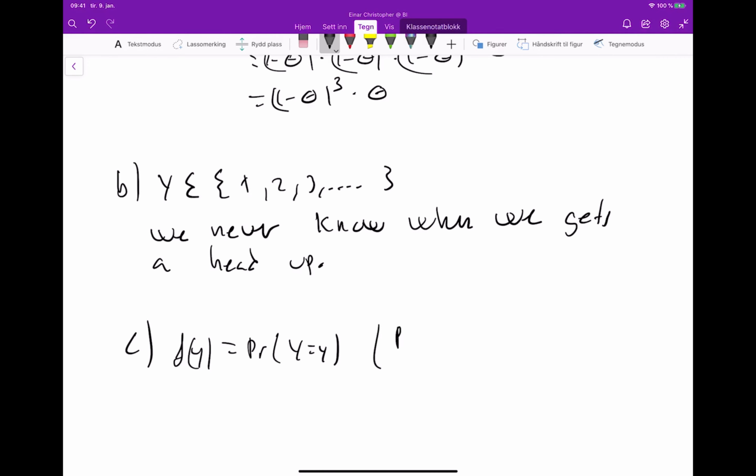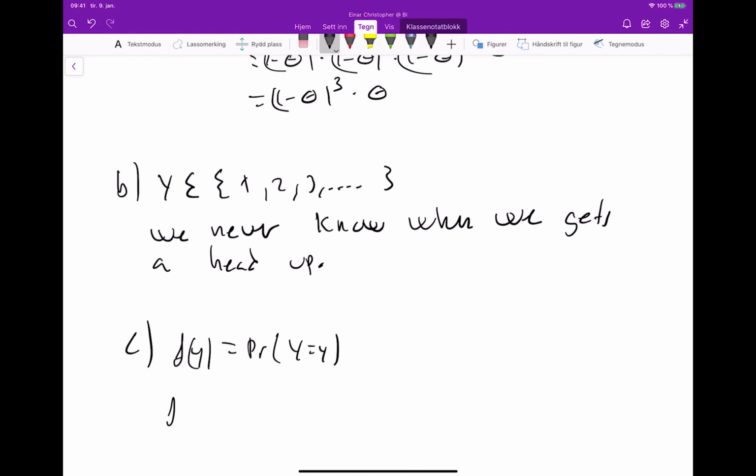This is the probability mass function of a geometric series. I don't think I will talk so much about that. So what must this function be? Okay, let's try to think.